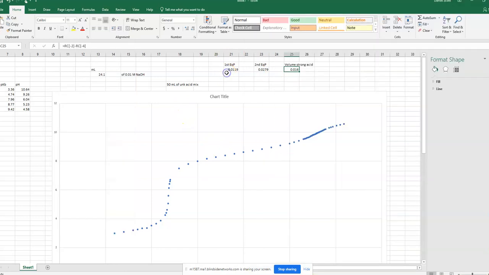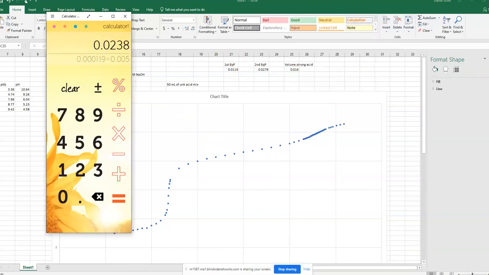Let's double check that again. 0.119, that's how many milliliters, divided by what? Now times the concentration, 0.01 molar, right? And then divided by the 0.05, the 50 milliliters. Yeah, 0.00238.